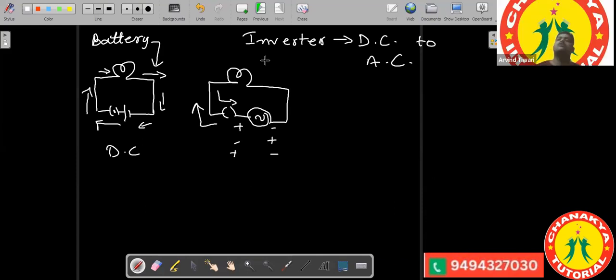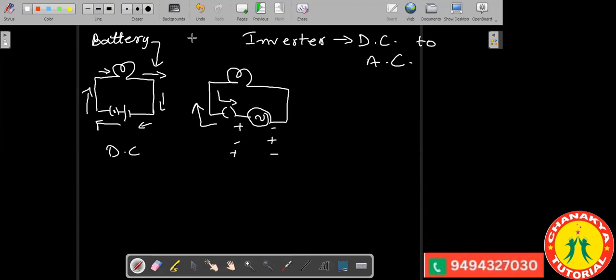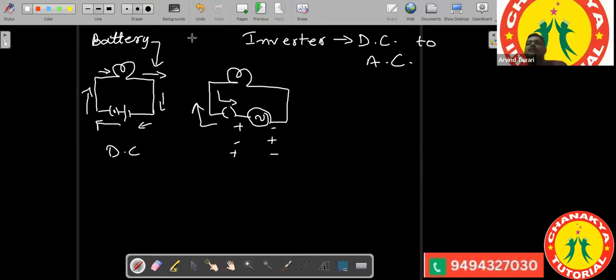It converts AC to DC also, and in that way, it charges the battery. So at your home, if you implement a battery and inverter, when the AC current is coming, the inverter will convert that AC current to DC and supply a part of it to the battery for charging. So your battery will keep on charging, and your complete home appliances will run on AC only.